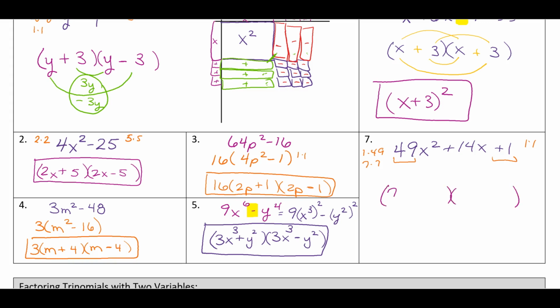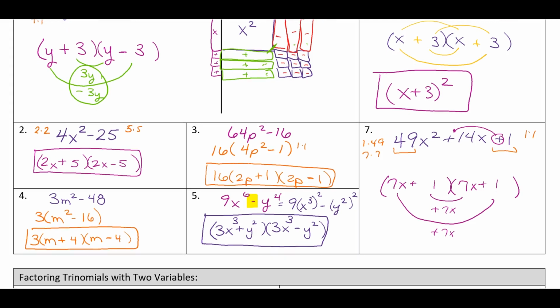So I'm going to try 7x and 7x. Both of the signs are positive. And then 1 and 1. Now if this doesn't work, then I'll try my other pairs. But usually when they're perfect squares like this, they do work out. So 7x plus 7x is 14x, which means this is my answer. So now all I need to do is rewrite it as 7x plus 1 to the second power.